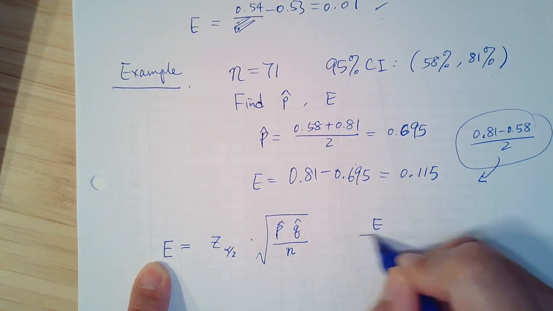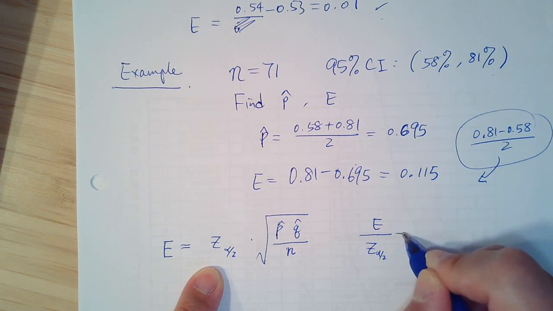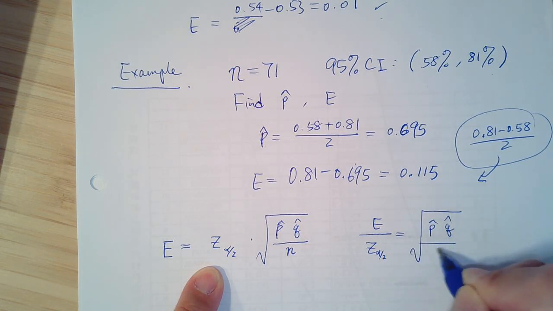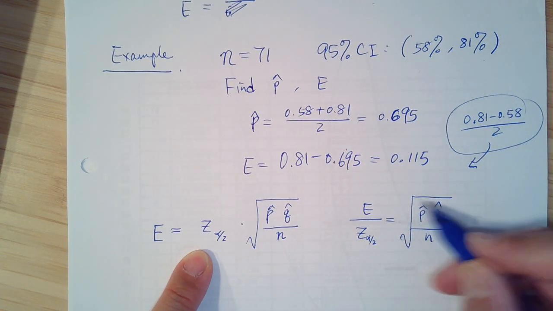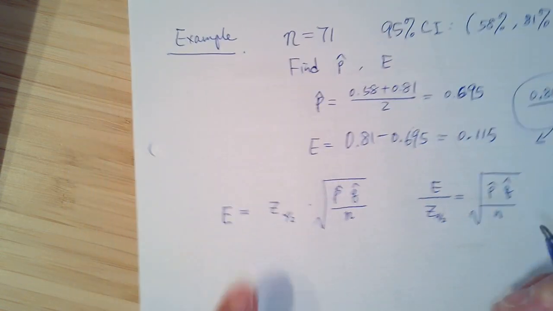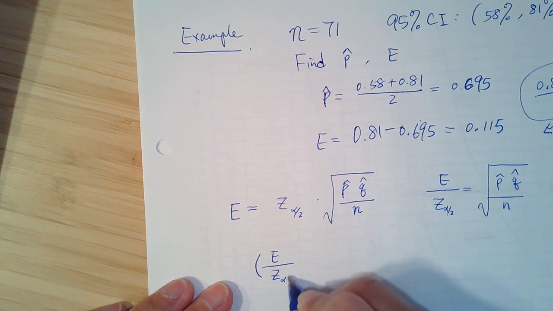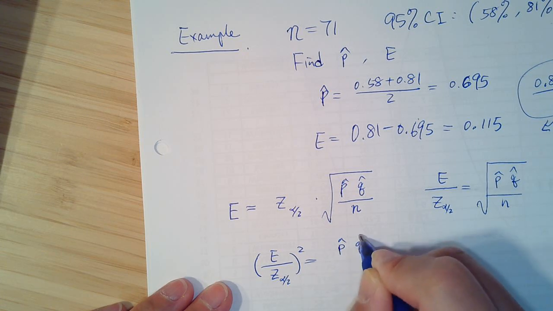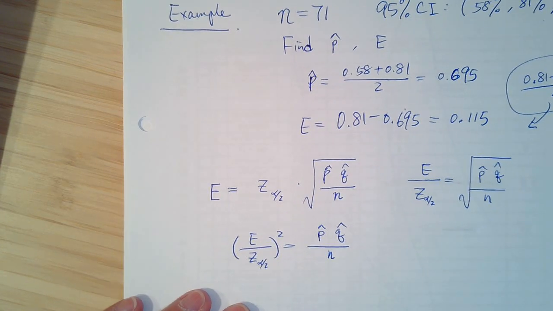You get E divided by z alpha over 2 equals the square root of p hat q hat over n. Then, because I don't like the square root, I square both sides, so I get E over z alpha over 2, squared, equals p hat q hat over n.